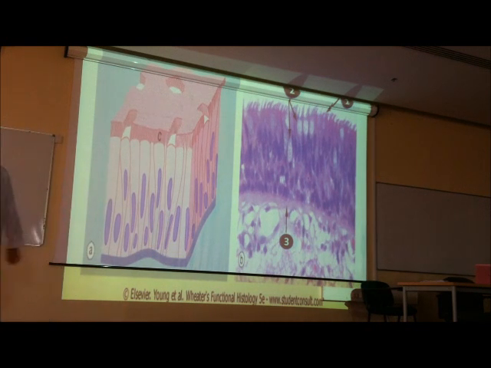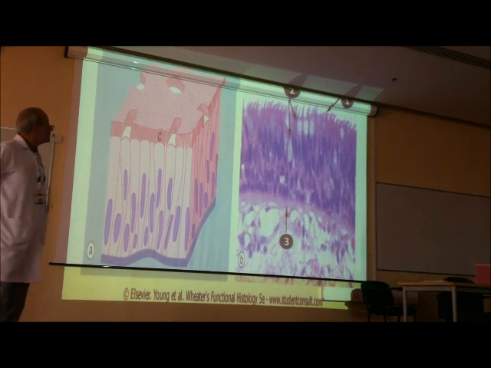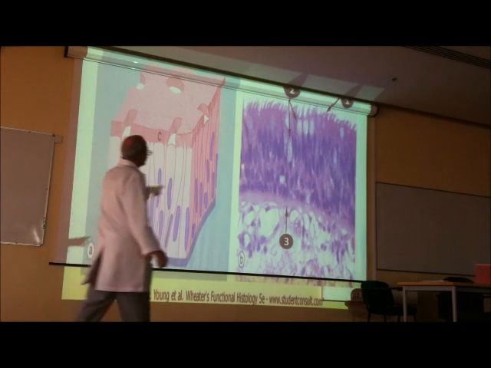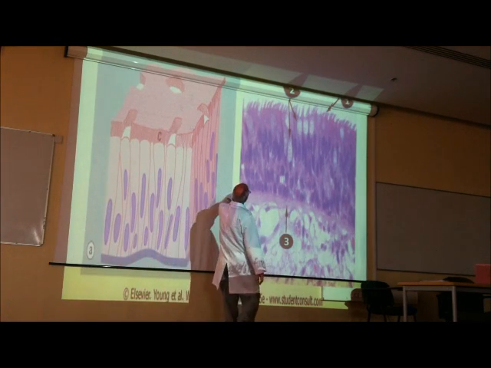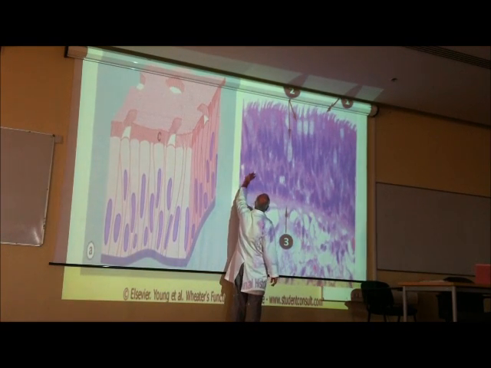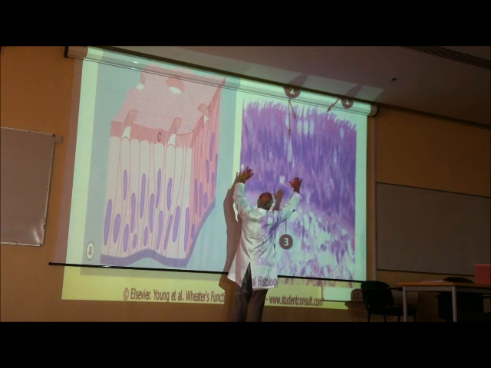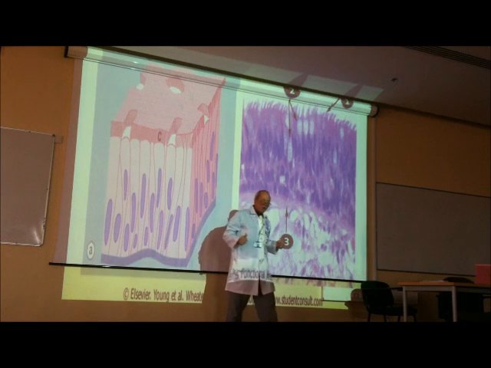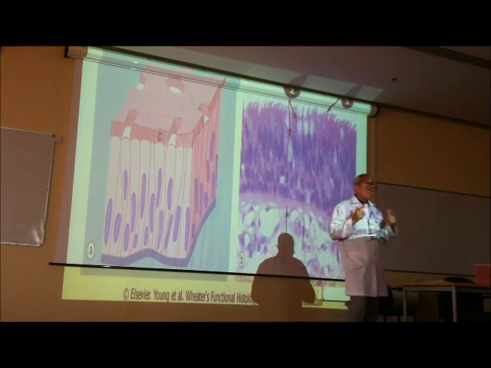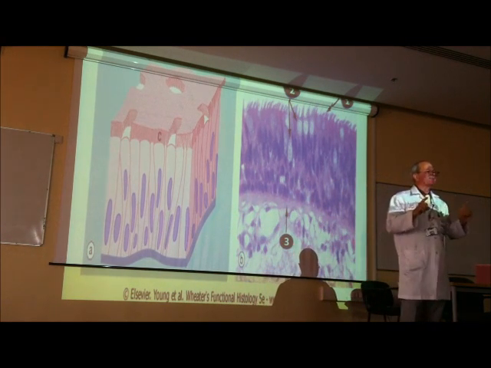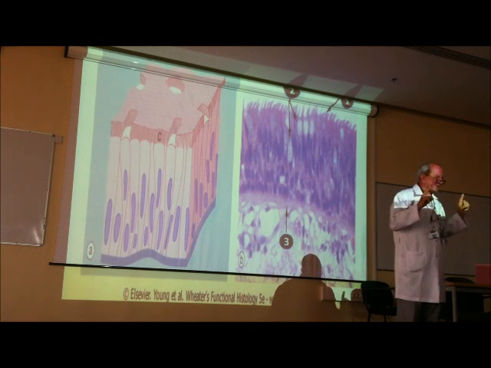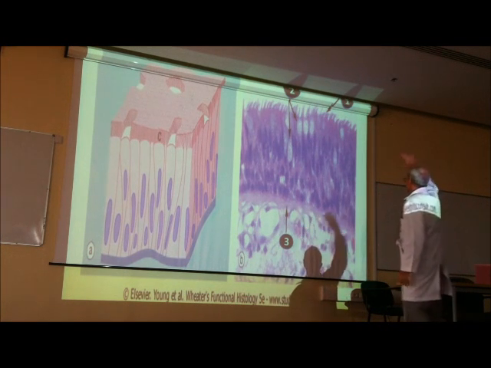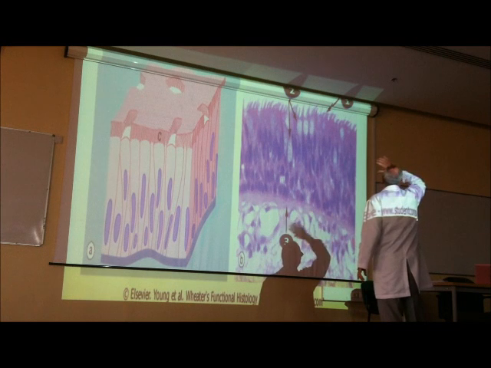Okay, let's get it down. Pseudostratified: you will see basal nuclei and nuclei at different levels, but the site of the nuclei does not reach the surface. So in pseudostratified columnar, the level of nuclei does not reach the surface, and there is an upper area free of nuclei.